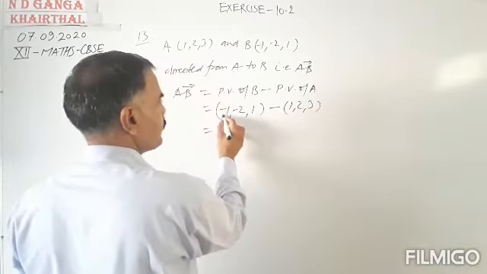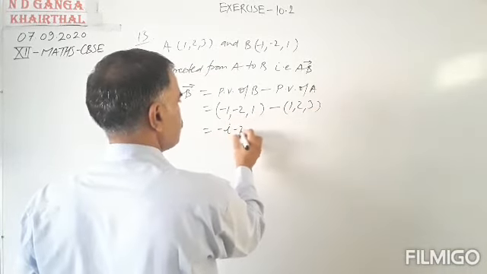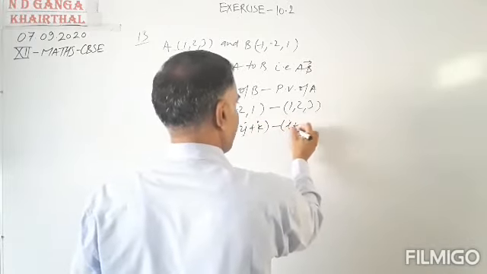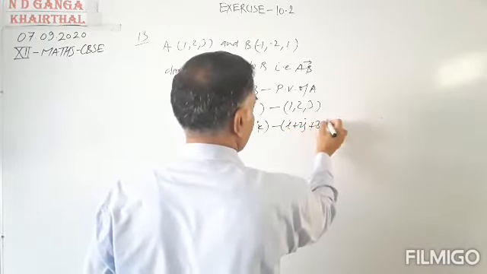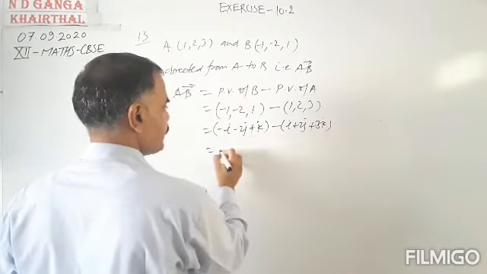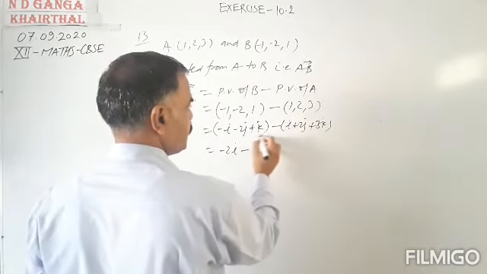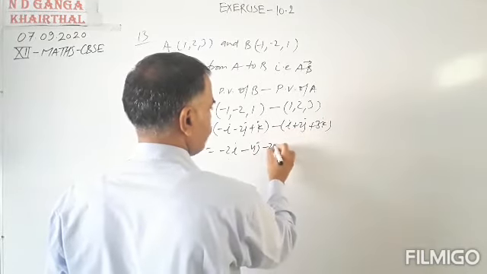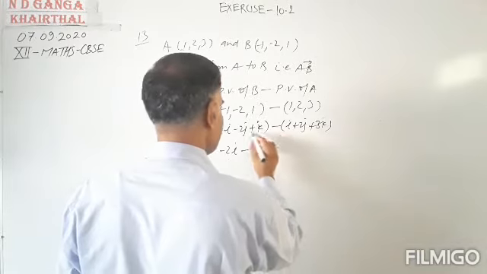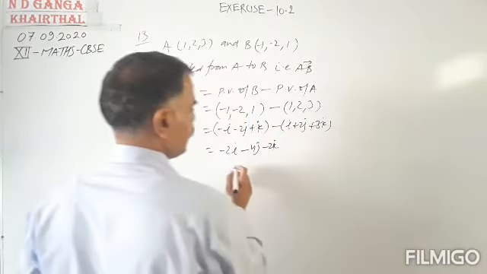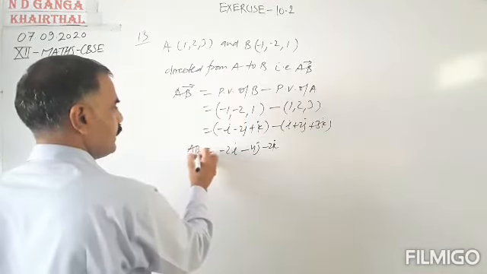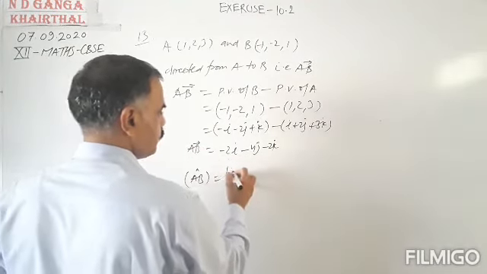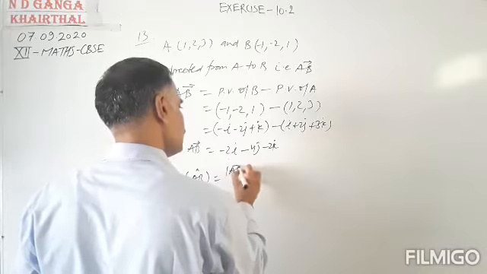So minus i cap minus 2j cap plus k cap minus i cap minus 2j minus 3k cap. So AB vector is minus 2i cap minus 4j cap minus 2k cap.